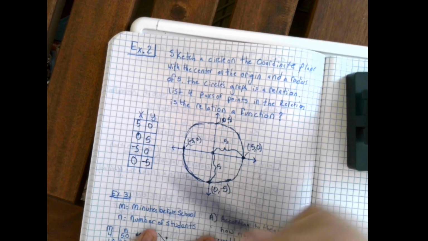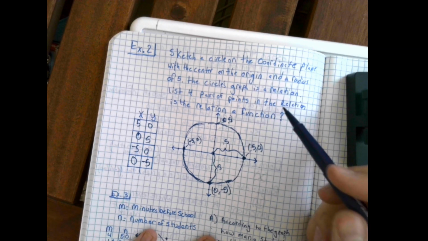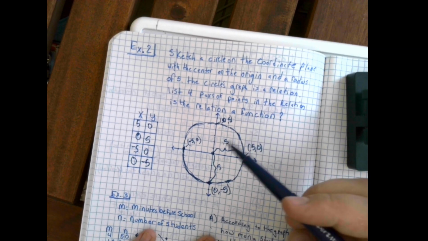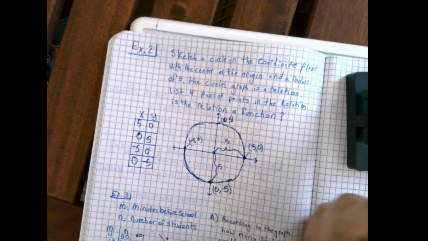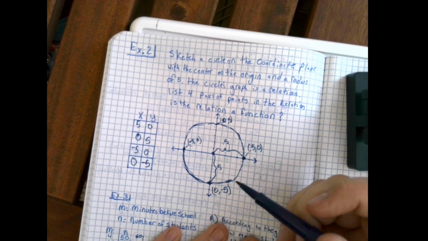Now, as we're going through, it's asked us to find 4 pairs of points in the relation, and then say, is the relation a function? Now, there's 2 tests that we have. We can look at the table of values, and we can look at the graph and do the vertical line test.